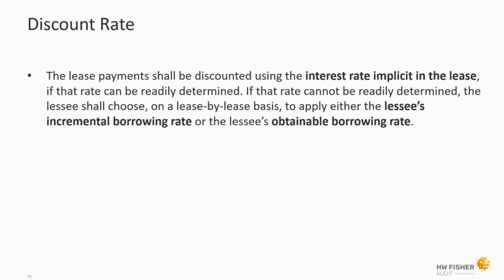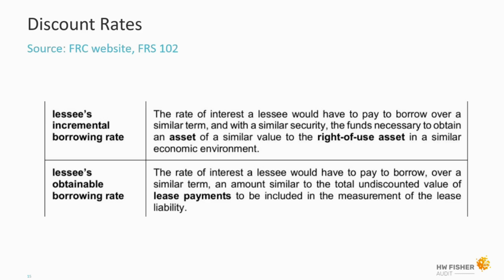So if it can be readily determined, we'd use that implicit rate. If it can't be readily determined, you can choose on a lease by lease basis to apply an incremental borrowing rate, or an obtainable borrowing rate. Now, that is a difference in FRS 102 from IFRS, to try and make it easier for us to implement, to create a discount rate that doesn't require a huge amount of expertise and time.